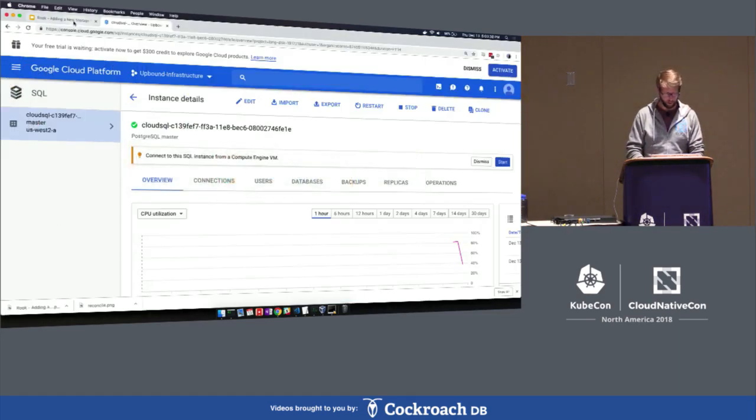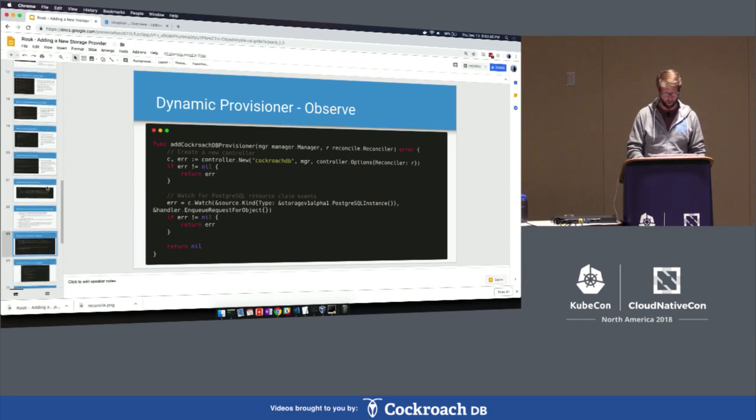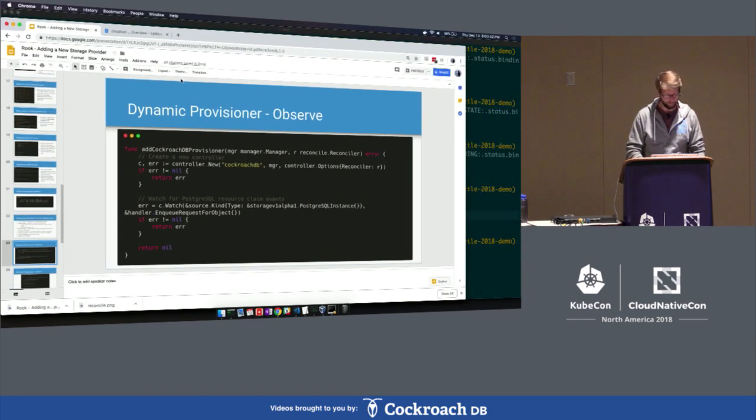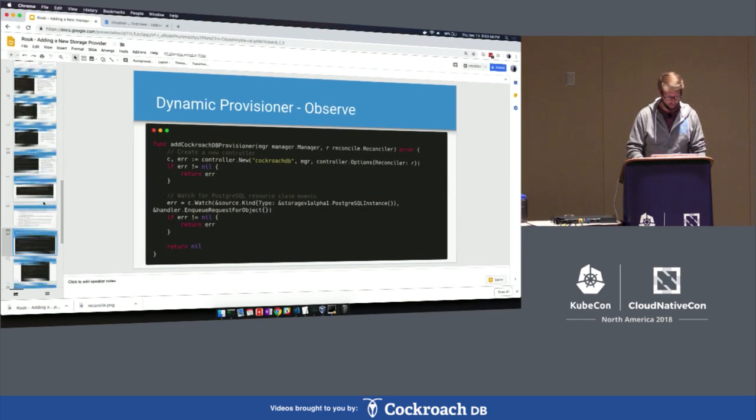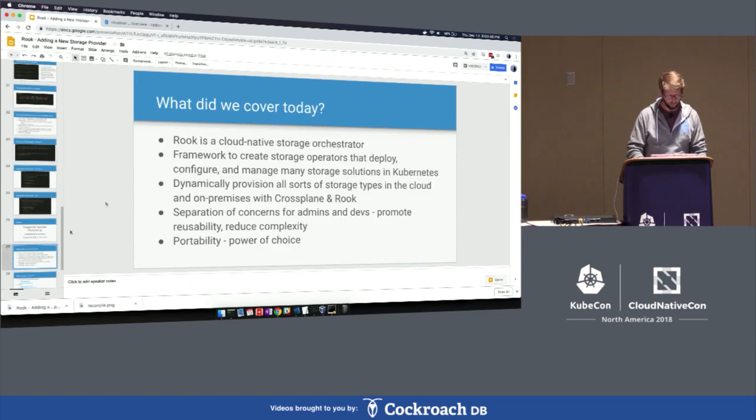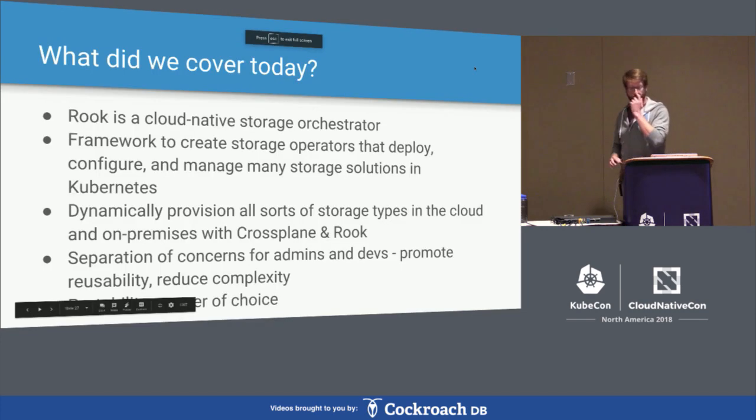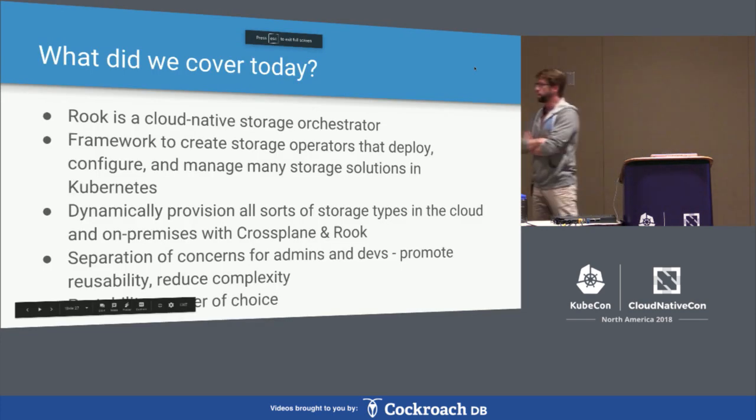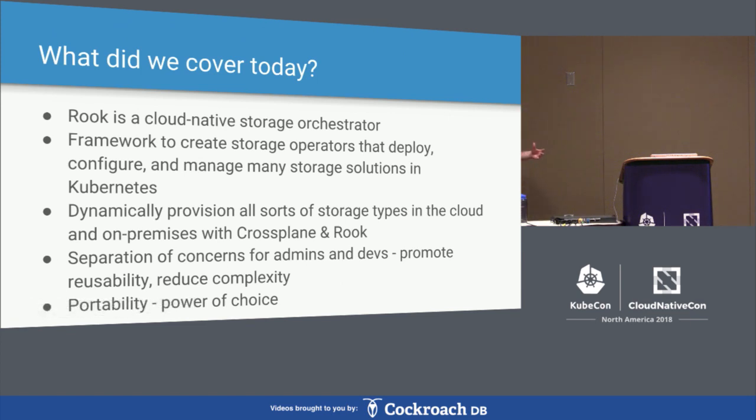All right. So let's hop back to the slides and talk about why this matters. As we were talking about here, Rook is a cloud-native storage orchestrator, and it has a framework to allow new types of storage to come inside Kubernetes.